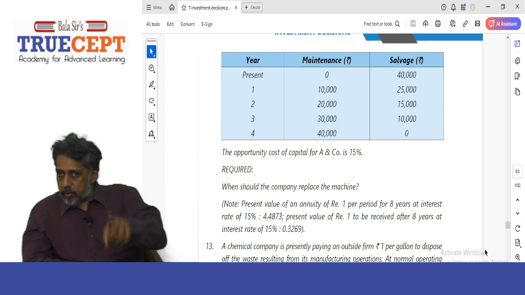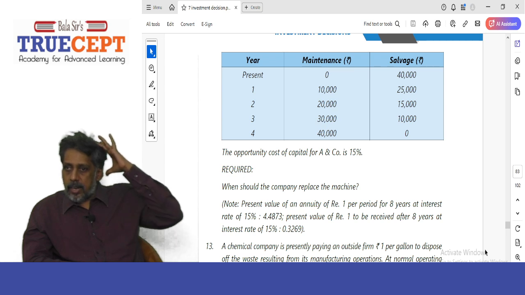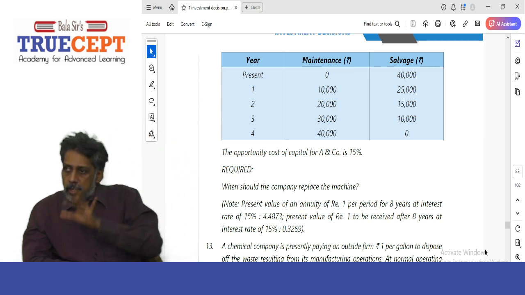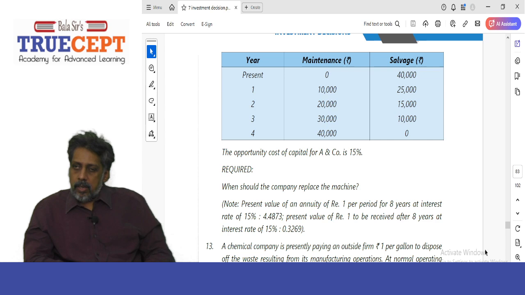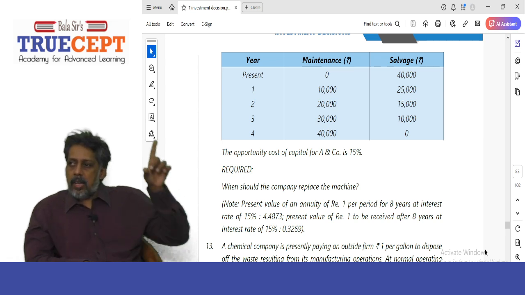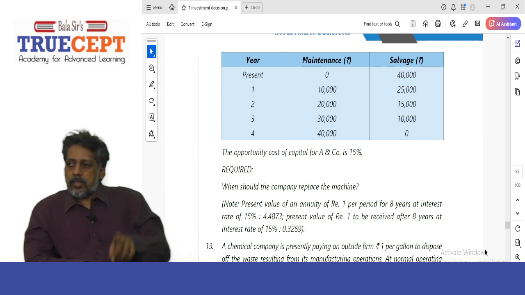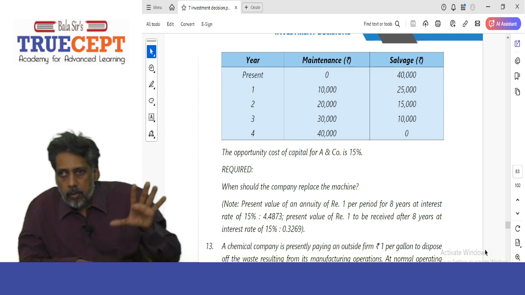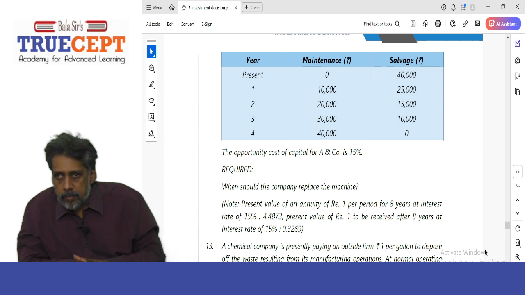Don't get confused. The initial data, the 90,000, 10,000 and 20,000, is for the new machine. This is for the existing machine. You have to spend rupees 10,000 on maintenance, and the existing machine can be sold for how much? 25,000 at the end of year 1.